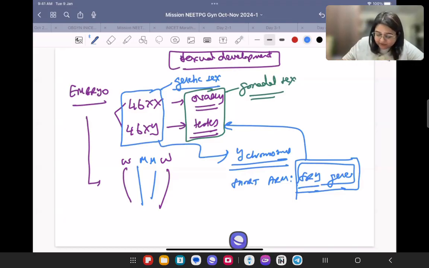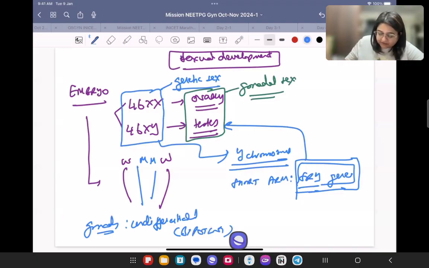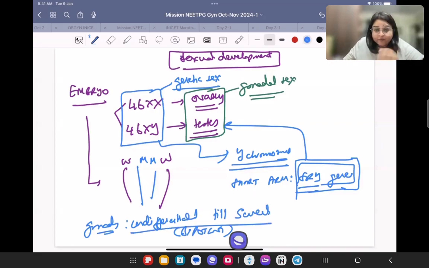Remember, in the embryo, the gonads are undifferentiated or bipotent till 5 weeks. That means if you do a biopsy of a 5 week embryo and you biopsy the gonad, you will not be able to say whether this is testes or ovary.